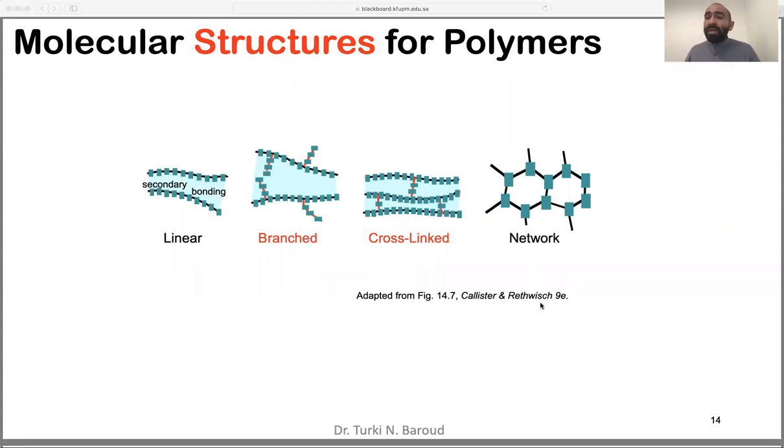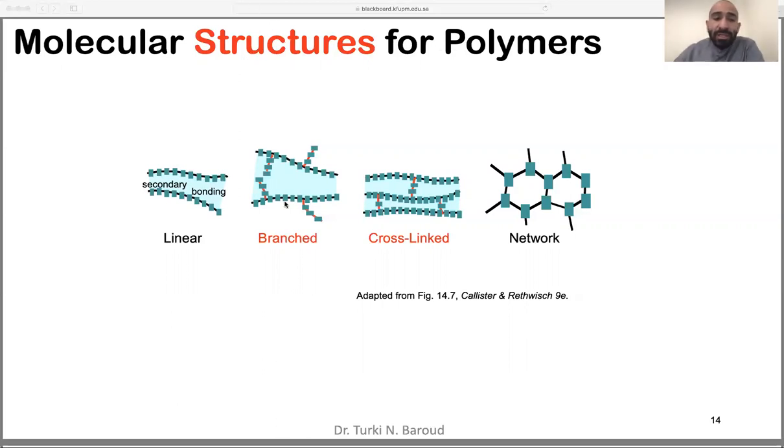Some of them do not exist as a linear chain, however, but in a network. So here you have a linear chain, then a linear chain with some branches getting outside of it, then a linear chain that is covalently bonded to another linear chain, and here you get the network. By now you can guess that each one of these might have different physical and mechanical properties.